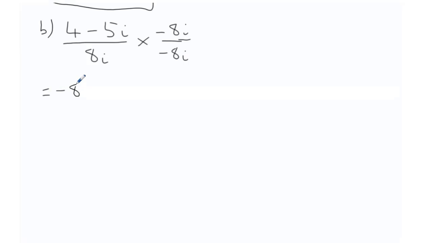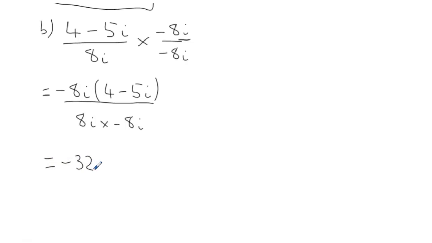So that might be written as minus 8i times 4 minus 5i over 8i times minus 8i. Okay, so now you have minus 8 times 4 is minus 32, so minus 32i. Then you've got minus 8 times minus 5 is plus 40, and you've got i times i is i squared, and all of that is over 8 times 8 is 64, so minus 64, i times i is i squared.